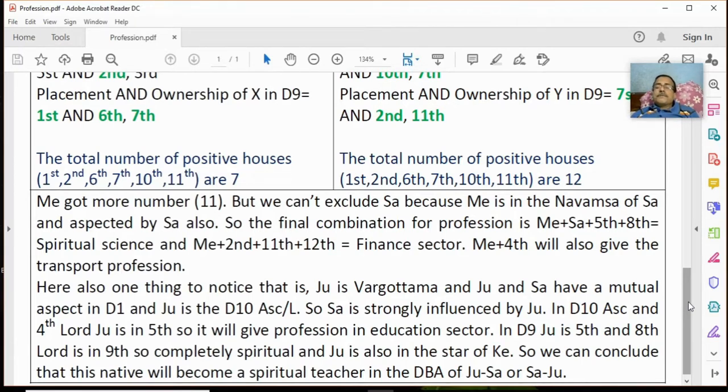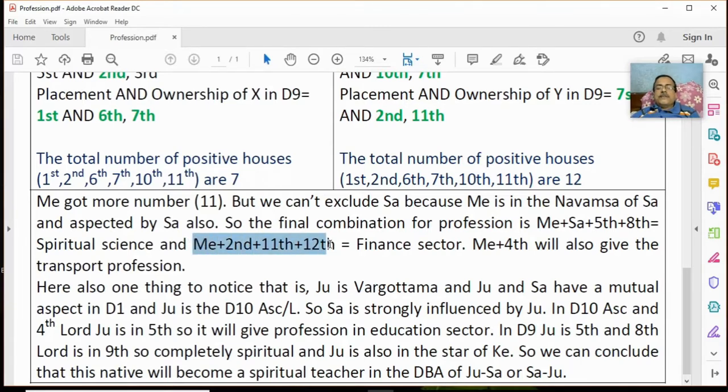Profession is the social identity. So here the social identity will be the spiritual teacher for this native. But the way of earning is vehicle and communication, because Mercury and 4th mean vehicle, communication. Please follow my cursor.